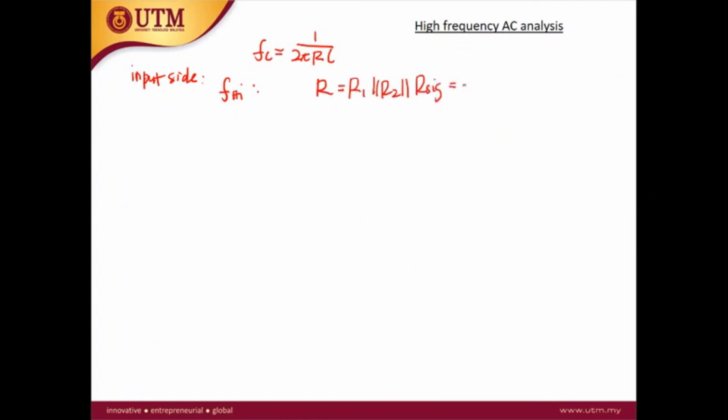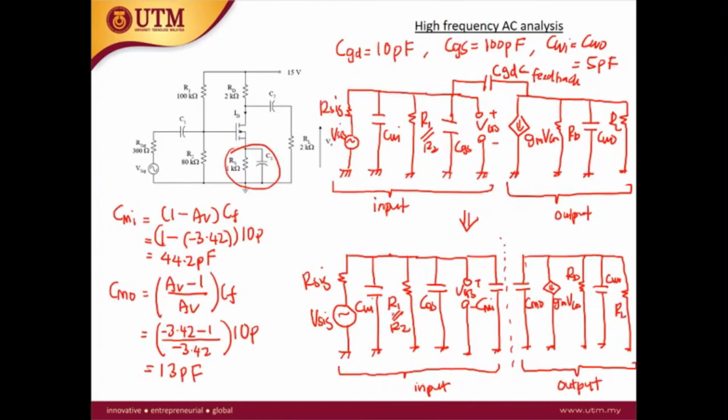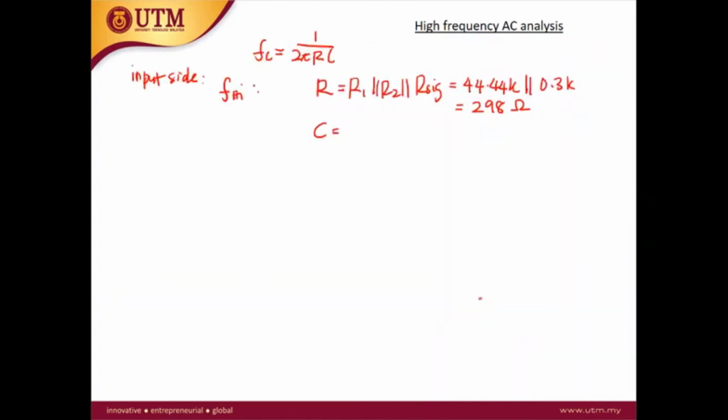R1 parallel with R2 is 44.44K, and R signal is 0.3K or 300. So the value is 298 ohm. For the C, it is the total of all the capacitors on the input side. CWI, CGS and CMI are in parallel.